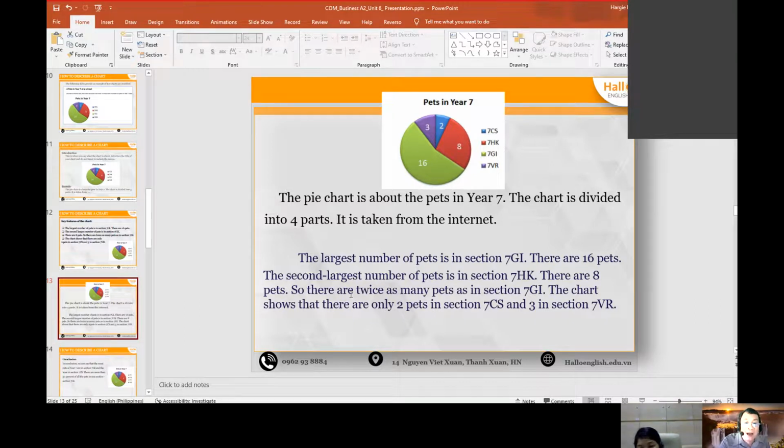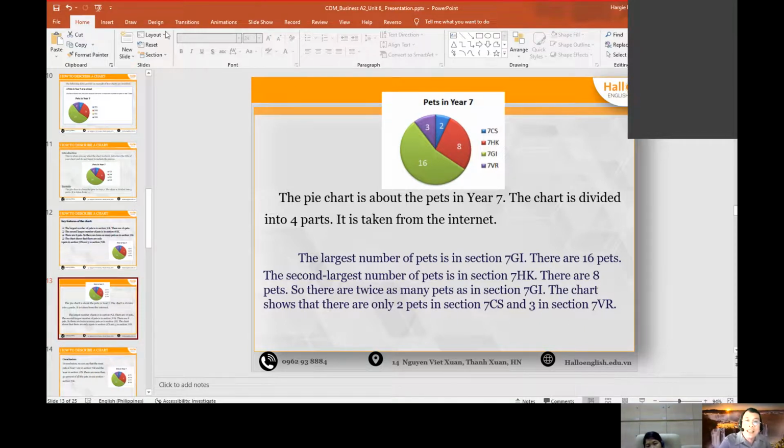So there are twice as many pets in section 7GI. The chart shows that there are only 2 pets in section 7CS and 3 in section 7VR. So that is how you are going to make a report.